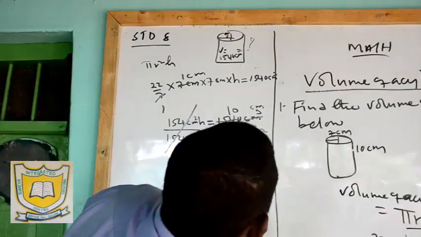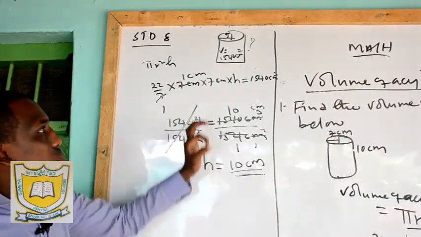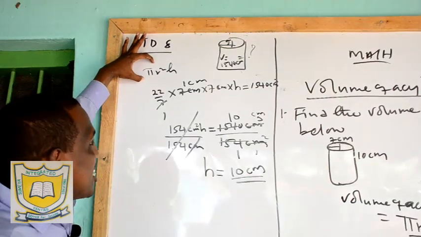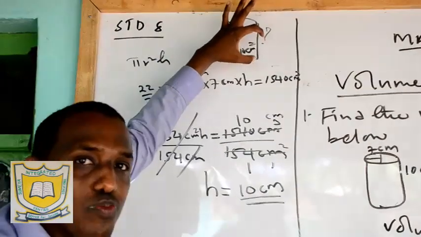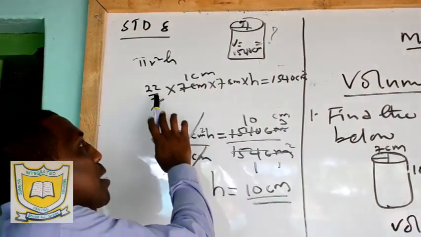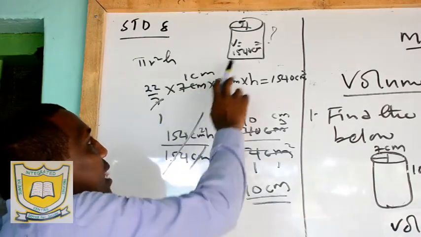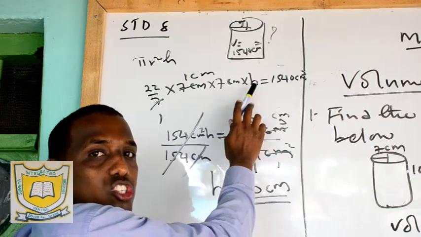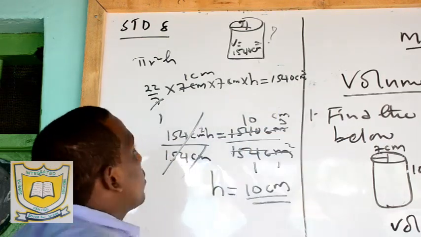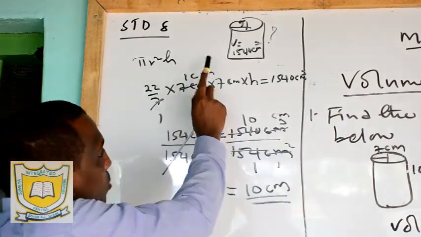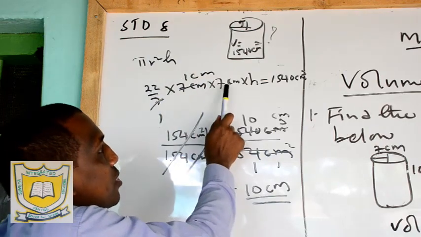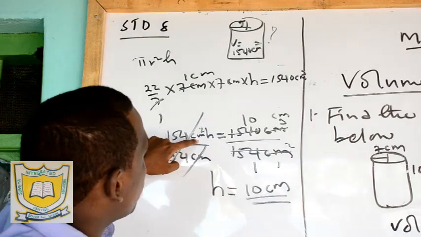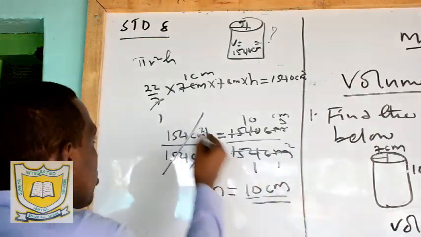Now, I said to get the height, you use the formula πR squared H because you are given the total volume. So you say 22 over 7 times 7 times 7 times H, we don't know the height, is equal to 154 centimeter cube. 7 by 7, 1. 22 times 1 times 7, you get 154 centimeter squared times H. We are through with this part.